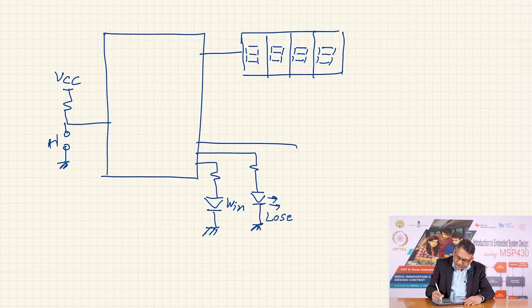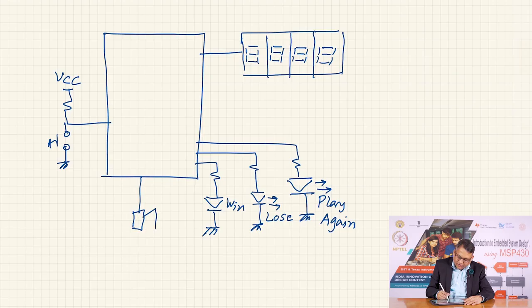A third LED, in case it is neither win nor lose, then it must indicate that now the user has to press the switch again. So, we call it play again or PA, play again. You could also have a buzzer to sort of indicate some result.